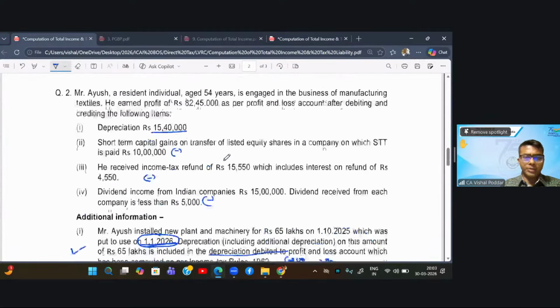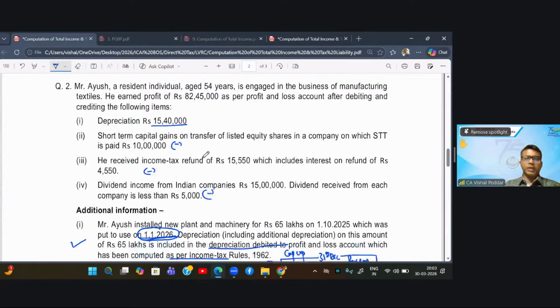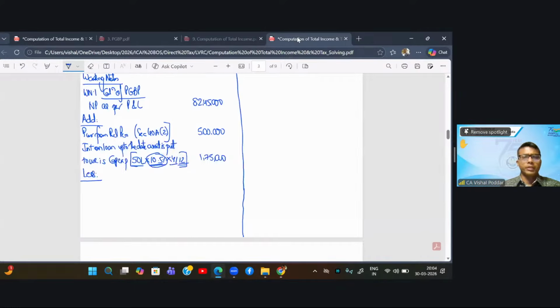Now in less, we have short-term capital gain 10 lakhs. We have refund 1550. And we have dividends 15 lakhs. So these are all to be subtracted. STCG, income tax refund, and then dividends.